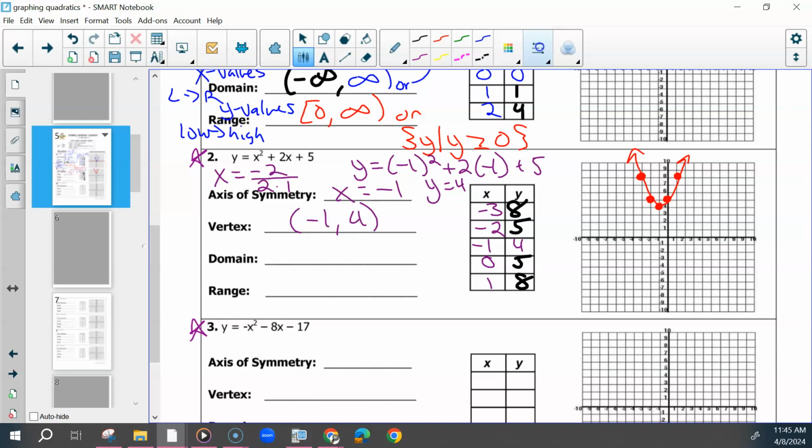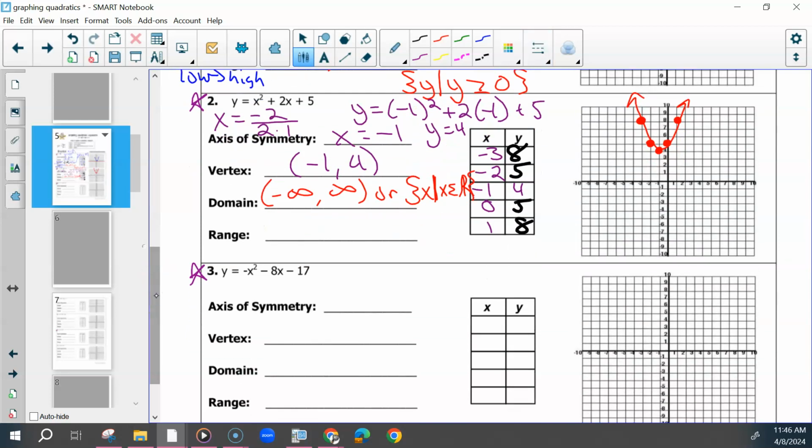What is your domain? Negative infinity to positive infinity. It will not change. So once you've memorized that, you can answer that for every question. I am going to write both notations so that if you see it, you recognize it. Range is lowest to highest. What is our lowest value? 4.